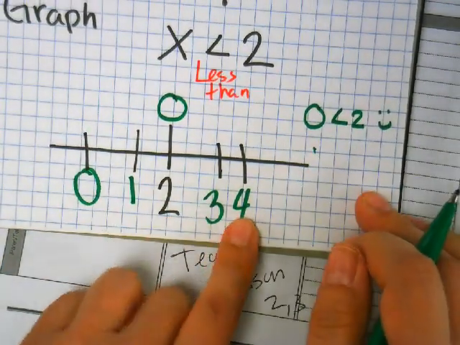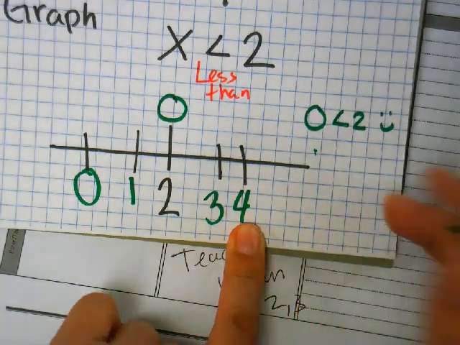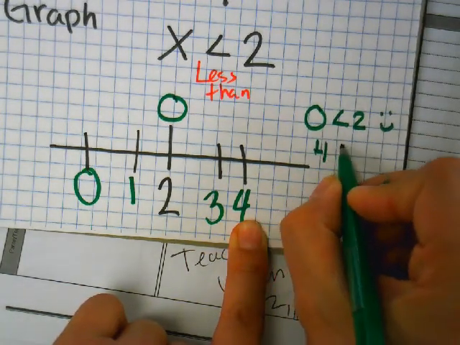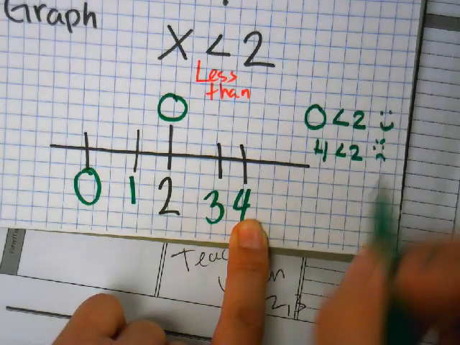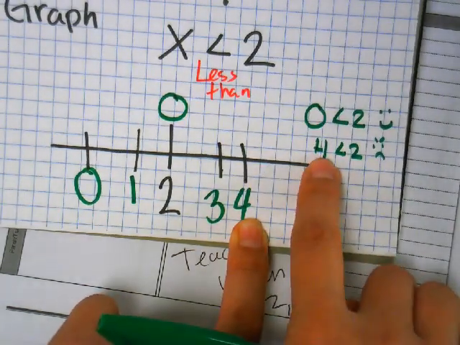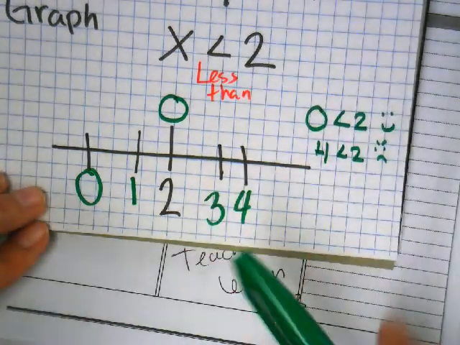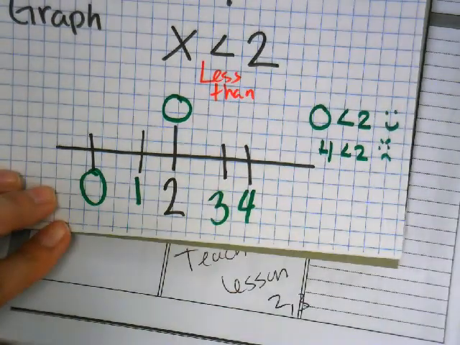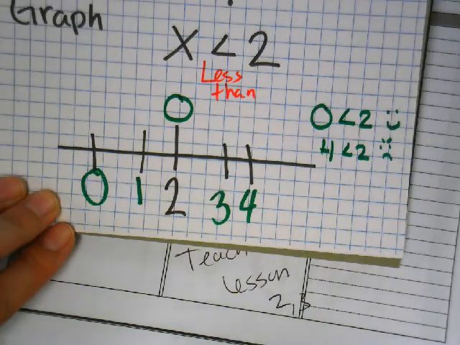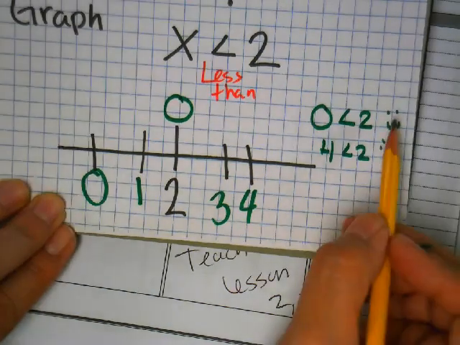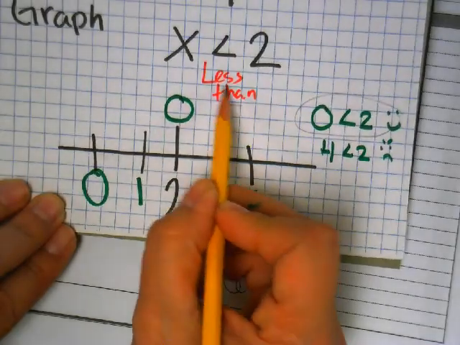What if someone said 4, is 4 less than 2? No. So my alligator would be pretty mad, right? Because I'm not feeding it the bigger number. So what we're going to do is take our pencil and shade in the directions that make my alligator happy. Meaning, which numbers are less than 2?